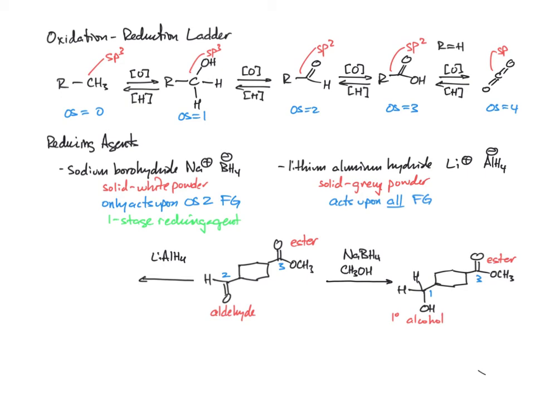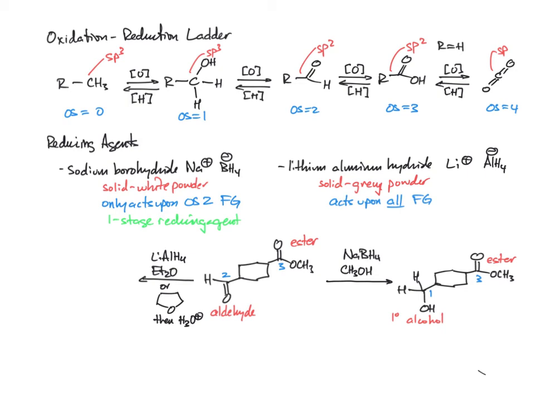So the solvent we typically use is either diethyl ether or tetrahydrofuran. So either ethers. And then when the reaction's done, you have to do an acidic workup. You take your substrate, dissolve it in the ether to make a solution. Then you can add this in as a powder to do the reduction. Then you monitor it by thin layer chromatography. When it's done, you add the acid.